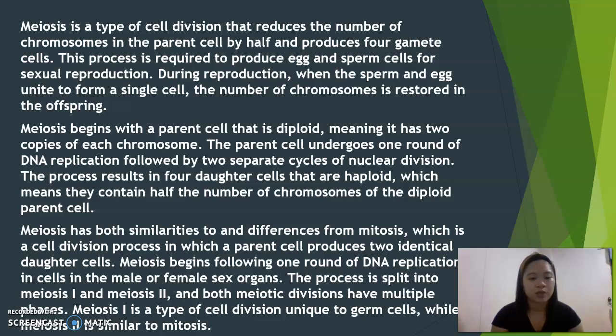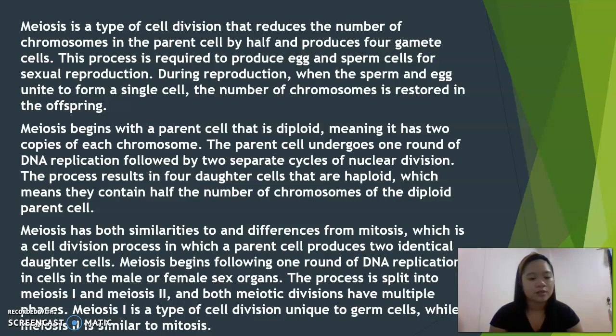Meiosis begins with a parent cell that is diploid, meaning it has two copies of each chromosome. The parent cell undergoes one round of DNA replication followed by two separate cycles of nuclear division.